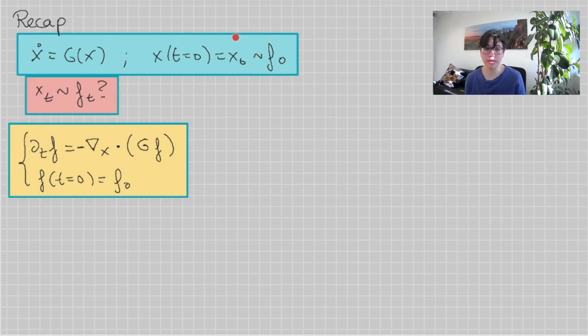It follows a law f_0. And the question was, then x_t is a random variable, what satisfies the law of this random variable? And this law is what we denoted by f_t. And what we saw is that what we obtain is a partial differential equation for f of this form here.